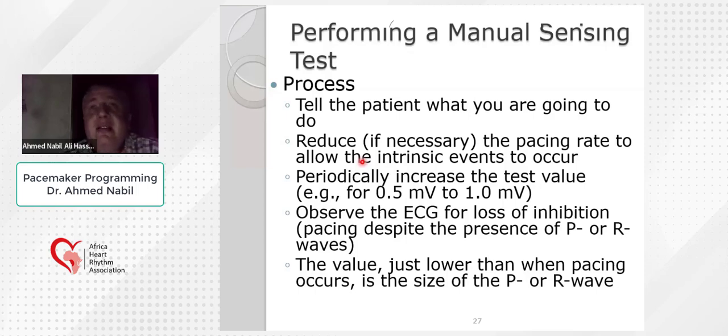As long as it is sensing, it will not pace. So I will consider that this is true sensing. And when the sensing does not occur and there is starting of pacing, this means that there is no sensing from the device and the value is the sensing threshold.